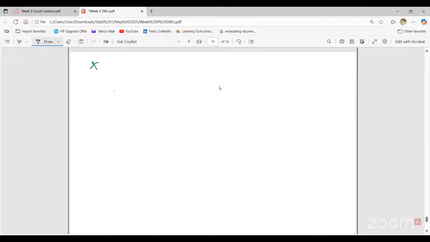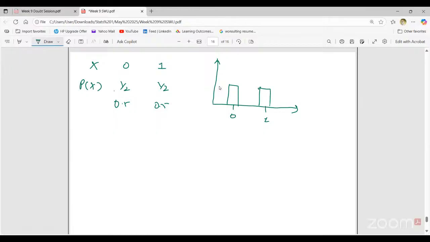If I have values x equals 0 and 1, and the probabilities that x is taking are 1 by 2 and 1 by 2, which is 0.5 and 0.5, right? If I make a graph of this, it would be similar to a bar graph. So my value of 0 is taking 0.5 and my value of 1 is taking 0.5. I would be making a graph like this, right?